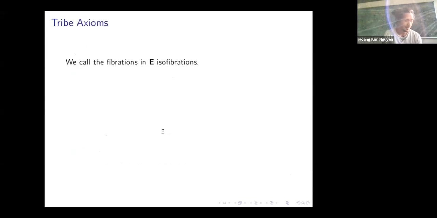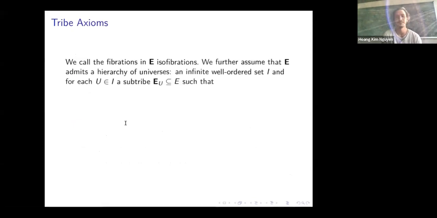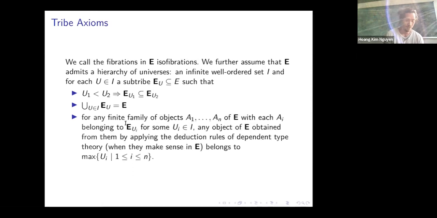The fibrations here I'll refer to as isofibrations. And what we would like to have is a hierarchy of universes. So we have an infinite well-ordered set, and for each member of that set, we want to have a subtribe, and it's supposed to be sufficiently closed under the operations that we like to perform.